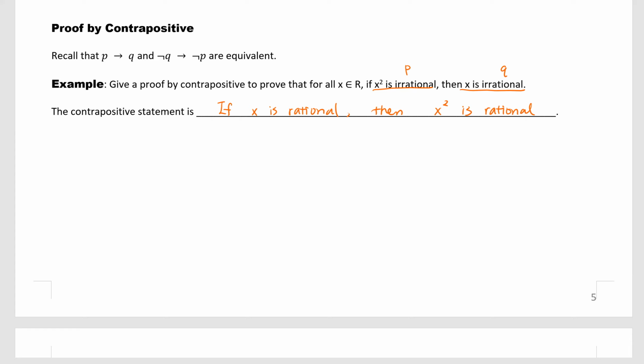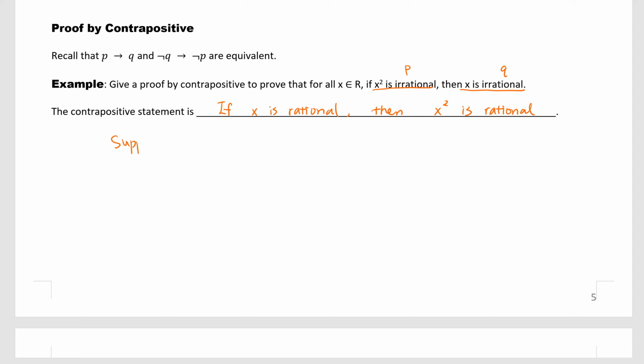Getting x from x squared is hard because you cannot really take the square root of both sides, since you're not sure whether that thing is rational or irrational, odd or even. We cannot tell from the square root of that number. So in this case, it's better to try the contrapositive statement.